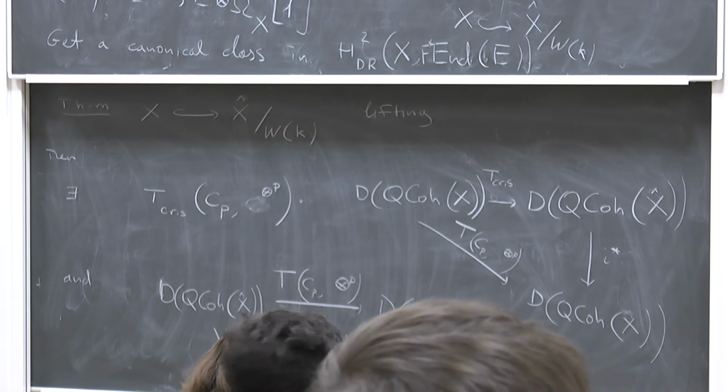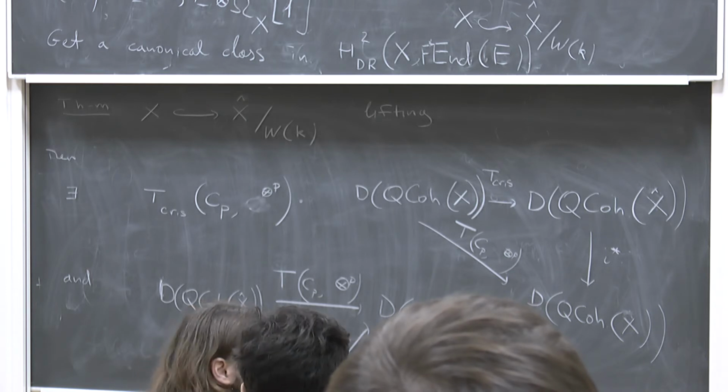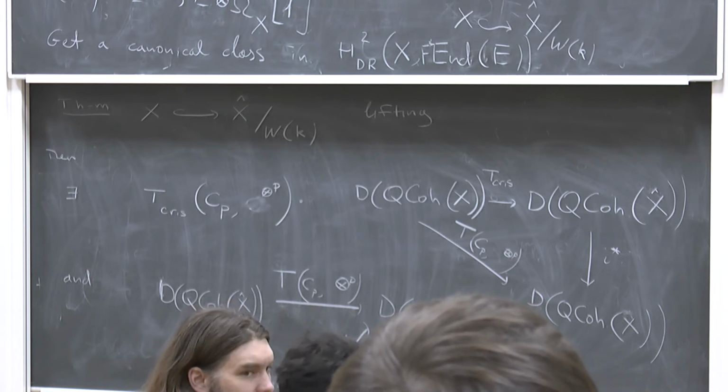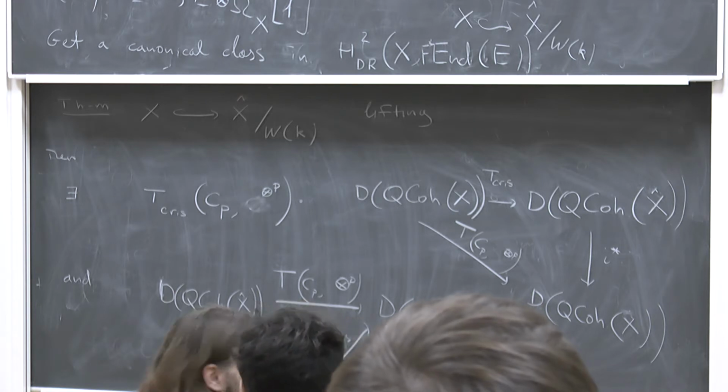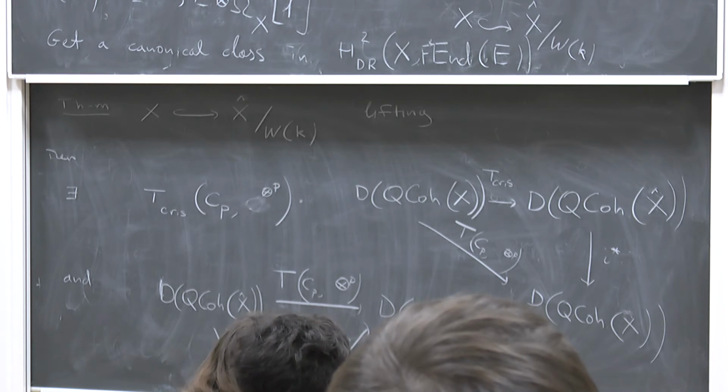So okay, here's what I want to do. I want to produce this crystalline structure. So I start with a category of coherent sheaves on X. Well, the most naive thing that I can do, I can apply functor I rho star. So imagine that we work with varieties.